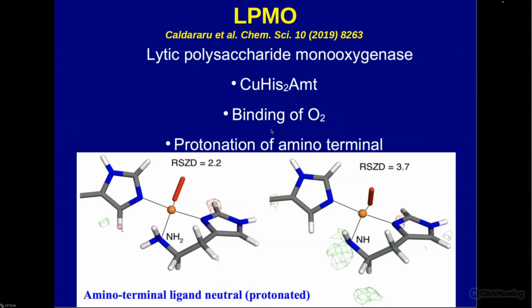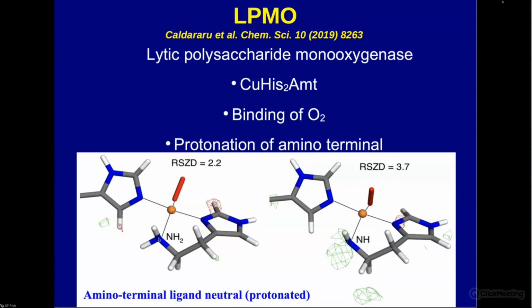Perhaps a little bit more interesting is the LPMO, the lytic polysaccharide monooxygenase structure. This is the active site. It looks quite a lot like the PMMO site I showed you before, with 3, or in this case 2, histidine ions, one of them binding with both the side chain and the amino terminal.